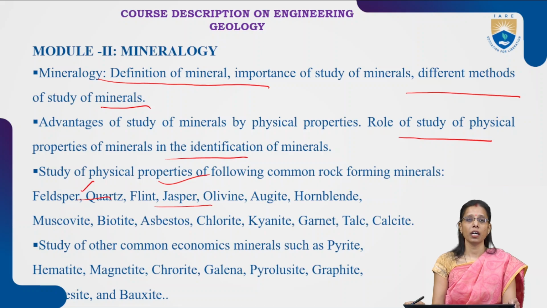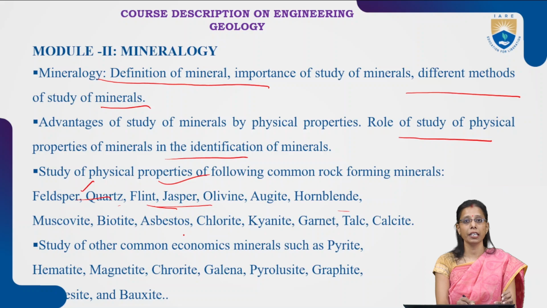We study their hardness and streak of a mineral, that means the color of the mineral, the cleavage or fracture of the mineral, and the density of the mineral. We study all these in the physical properties of minerals. These are minerals like feldspar, quartz, flint, jasper, olivine, augite, hornblende, muscovite, biotite, and asbestos.